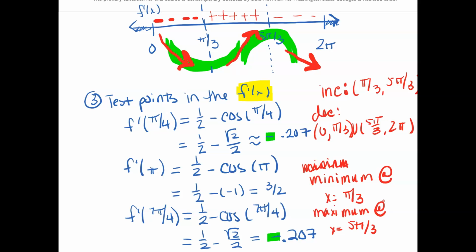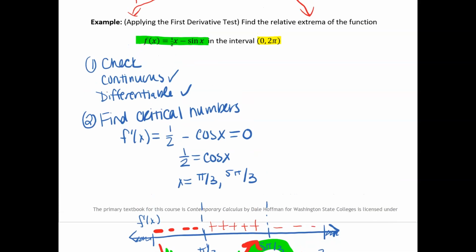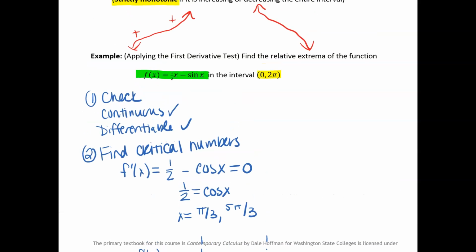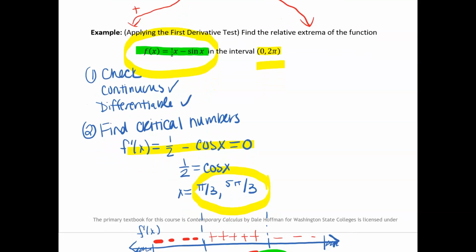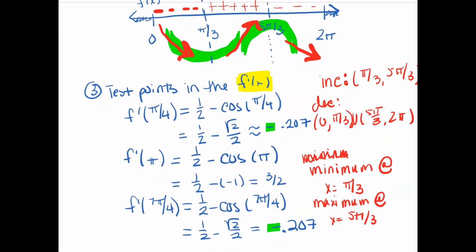And so really neat information here. If I scroll back to what we were doing, I took this function on the interval, we took the derivative, we set it equal to 0 and solved, and we found two values. Then by using our interval here, we're able to see where it is increasing, where it is decreasing, and also figure out its minimums and maximums.